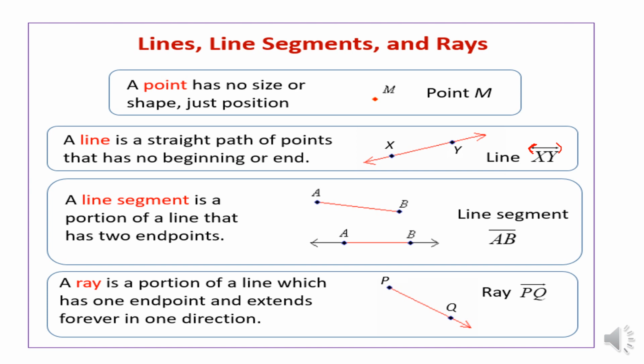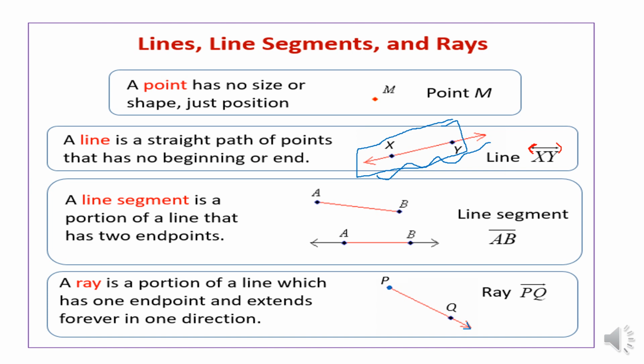Because if I have, for example, this is my line, and if I took from this line this part, it will give me a ray. And here, as you can see, at one end I have an endpoint, while at the other end I have the arrow. Arrow means it will continue till infinity. So this is what I mean by ray.